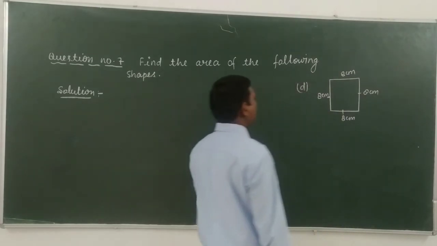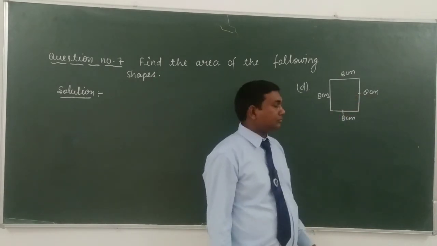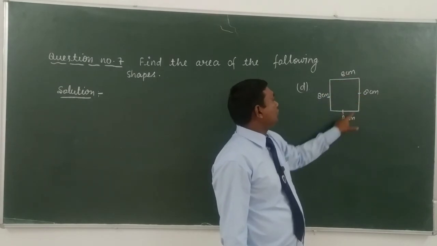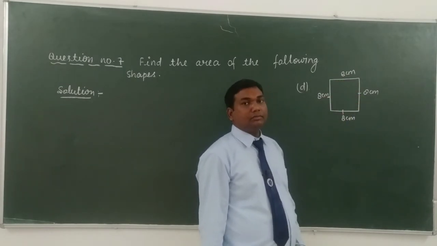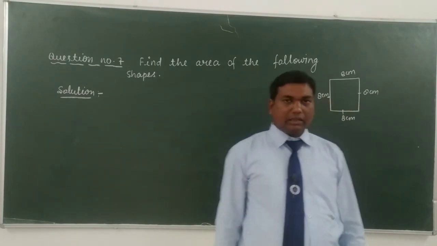Here given that four sides are equal. Therefore we can say that the given shape is a square.